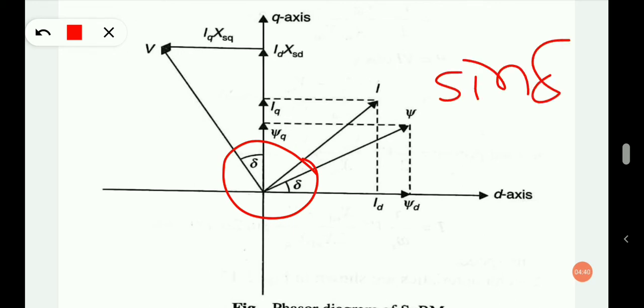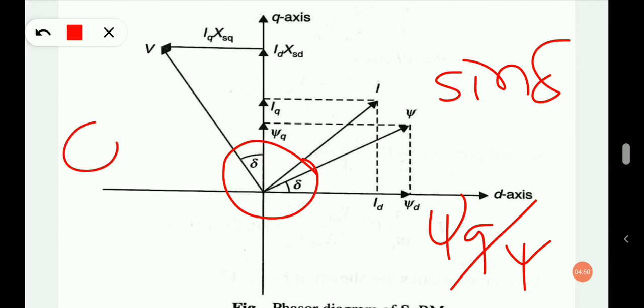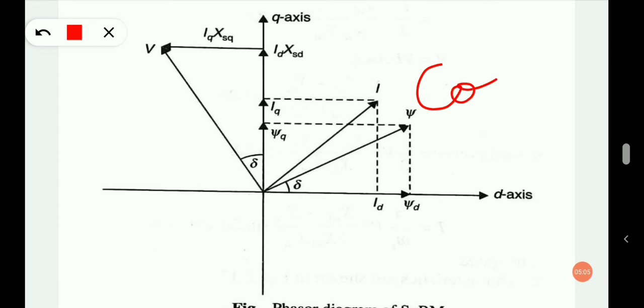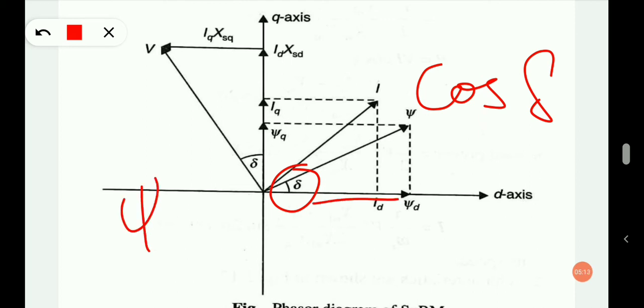For sine del we can write psi q upon psi, and for cos del it is psi d upon psi.